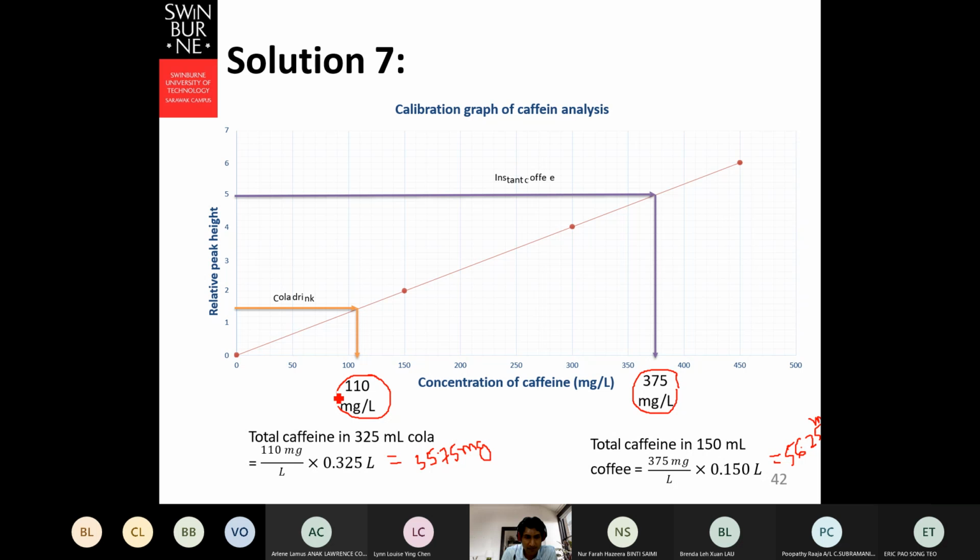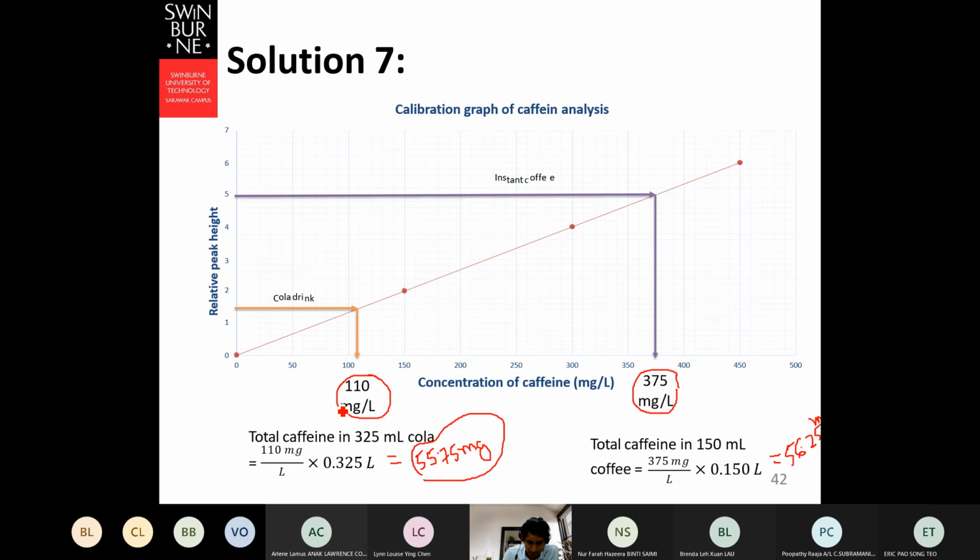So how much is in one can of this cola, 375 milliliter?